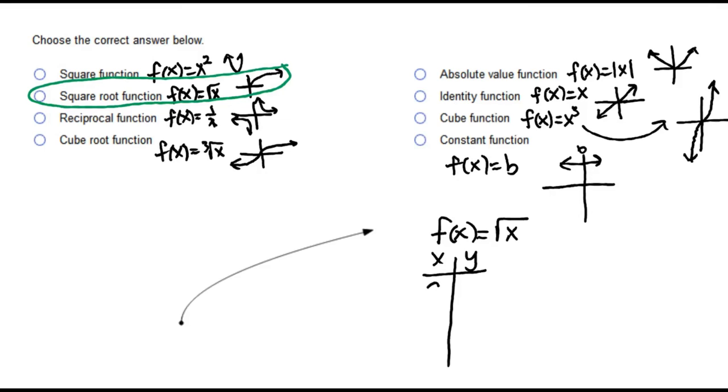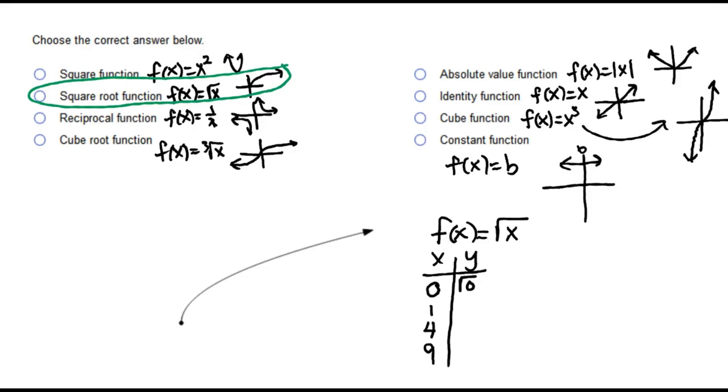So I'm going to start with 0. I'm not choosing any negative values because the square root of a negative gives you imaginary numbers. So I'm starting with 0 and 1, and then I'm going to jump to 4 because 4 is easy to take the square root of. And then I'll choose 9 as well.